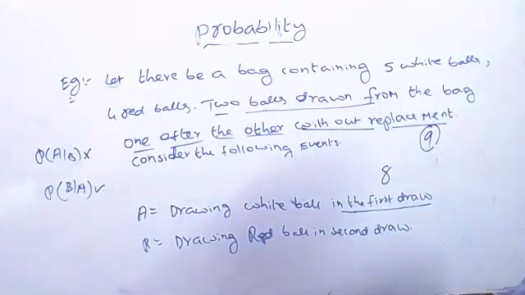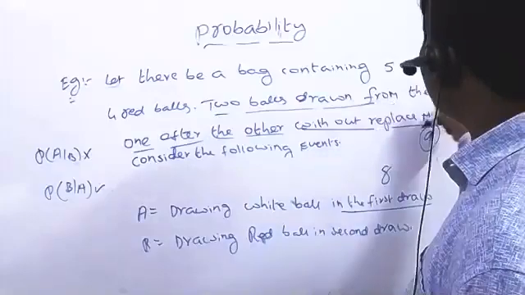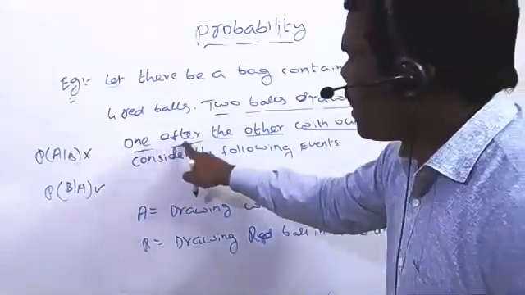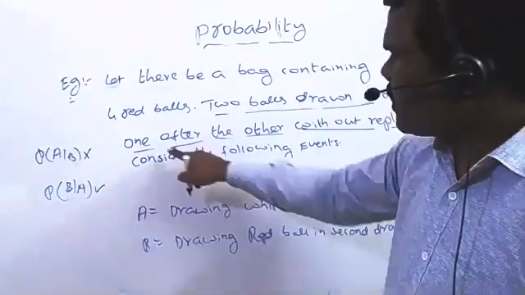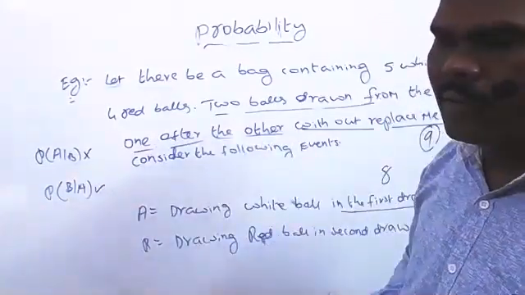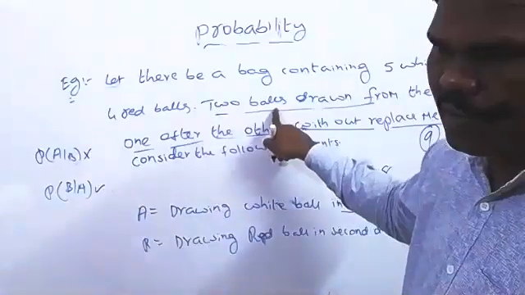Sir, but two balls are drawn from the bag, one after the other. What is the meaning of one after the other? One time, we draw one ball only, total 2 balls. First time we draw 1 ball and second time we draw 1 ball.